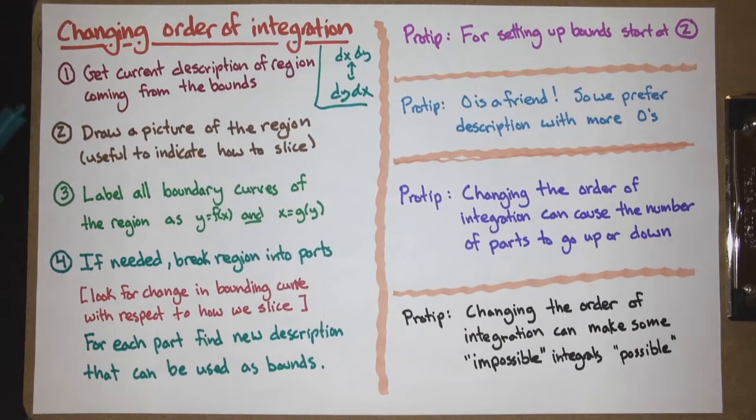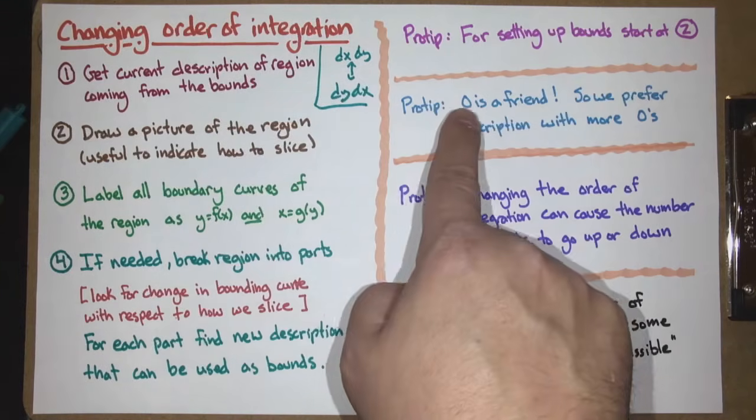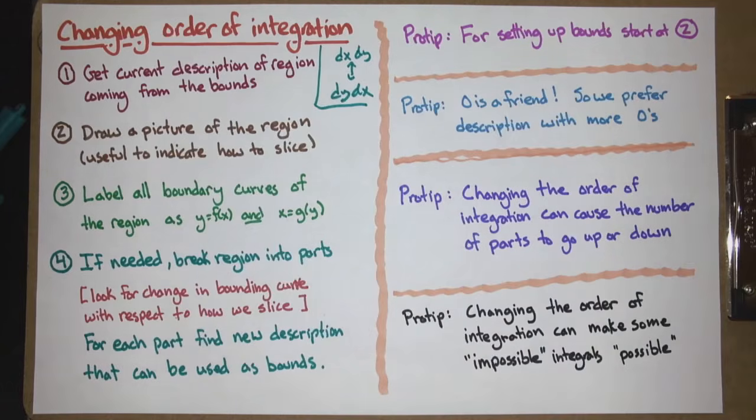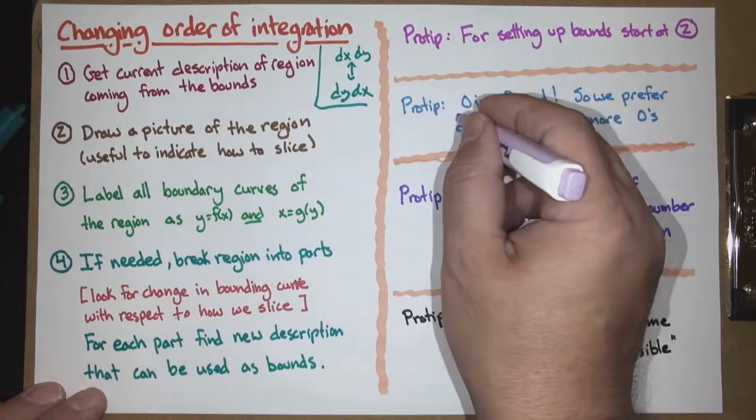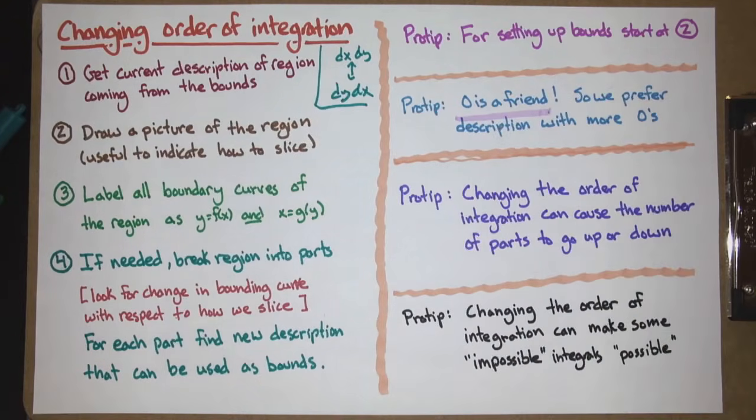So be careful. Zero is a friend. We like zero, because it makes a lot of things go away. So if you can, pick a description with lots of zeros. The more zeros you have, the easier something tends to be.